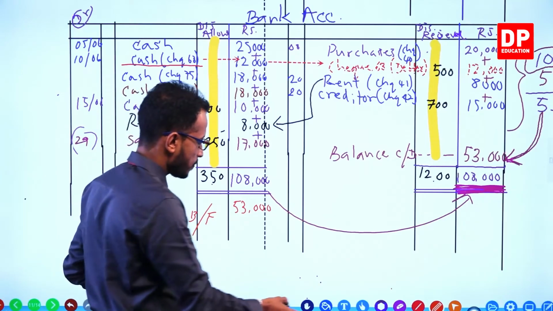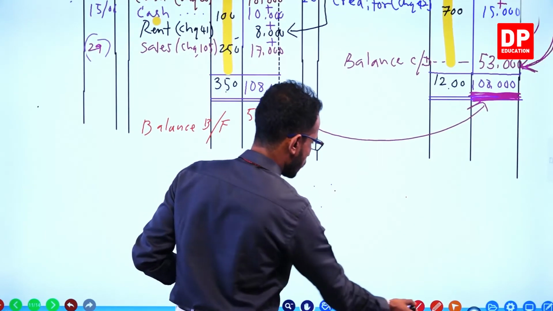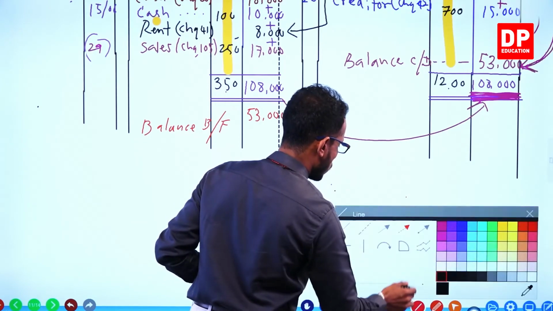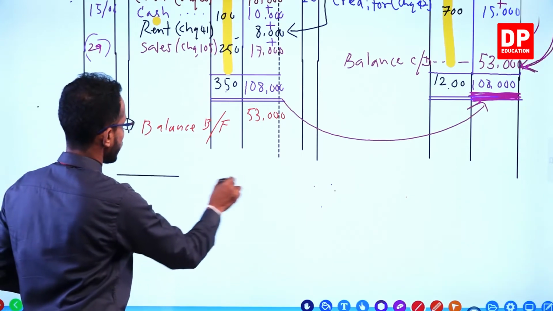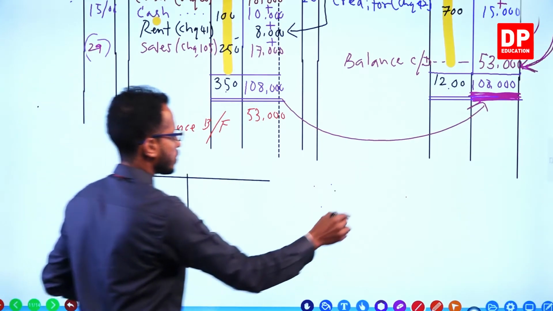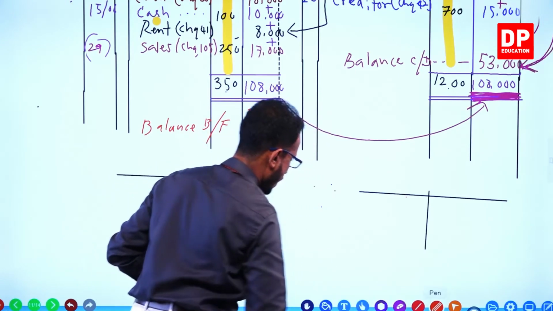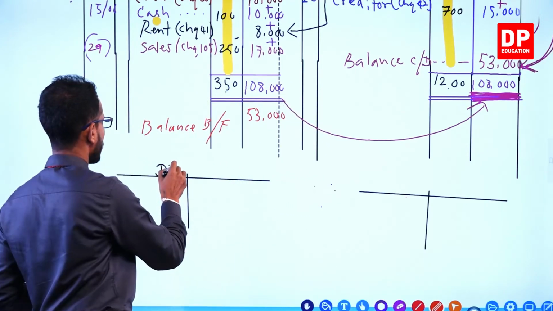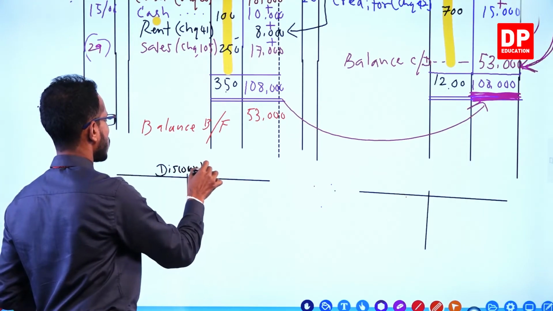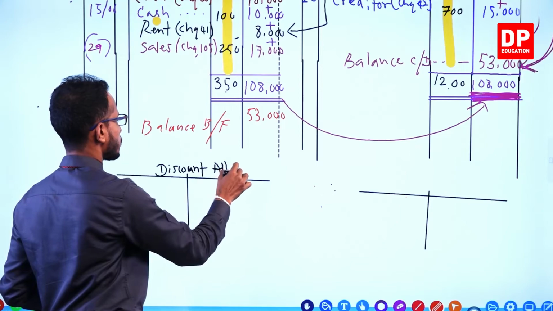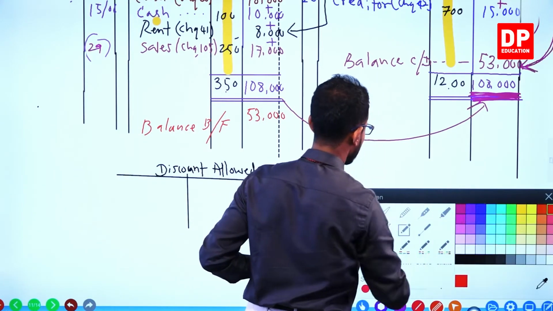And finally, when you end the question, draw the discount accounts. Discount allowed account and discount received account.